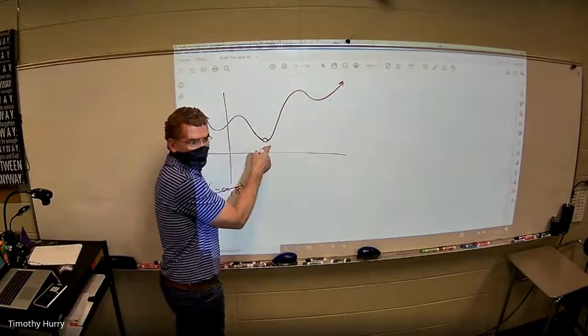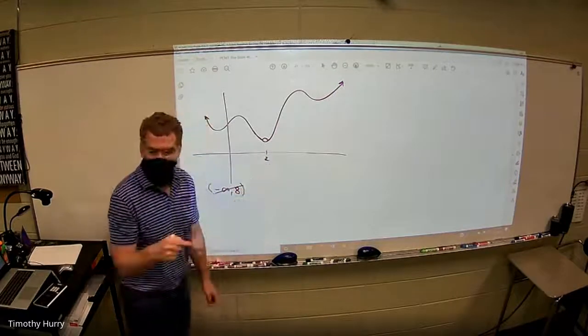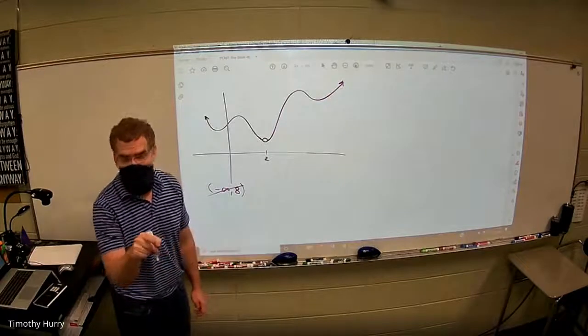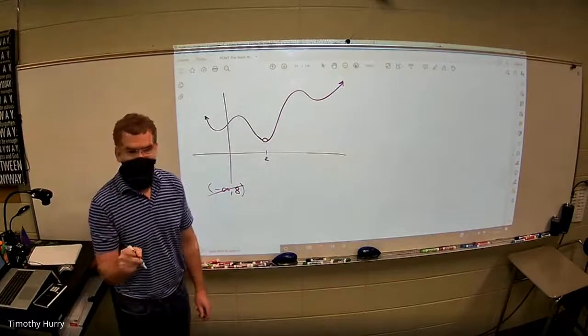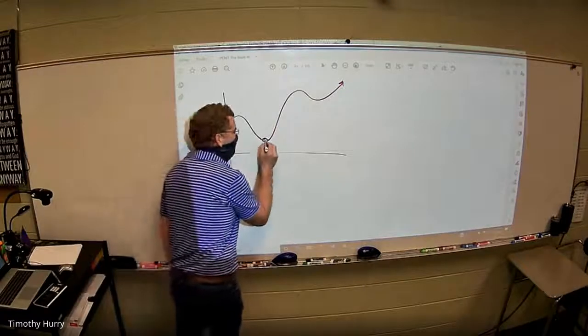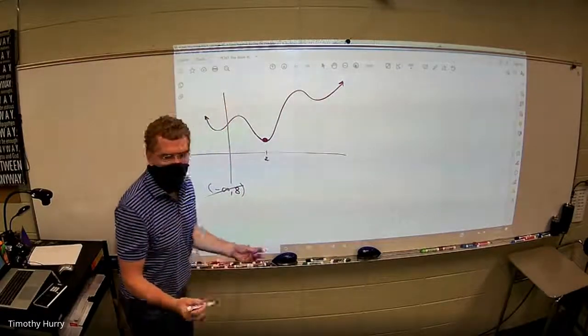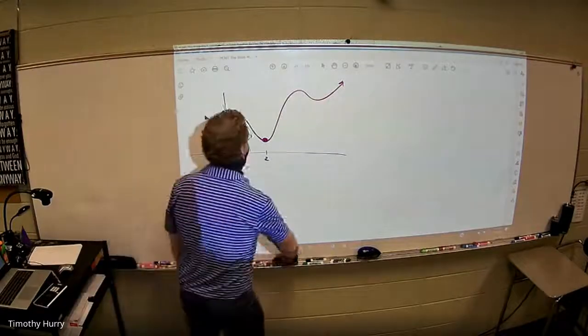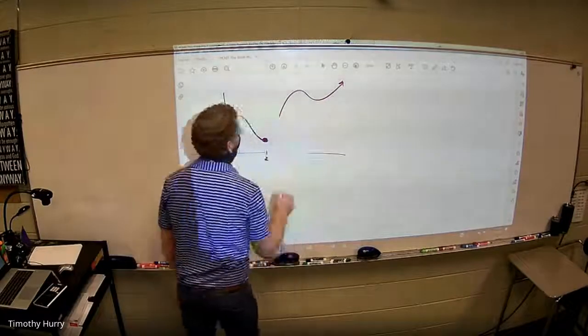This is called a removable discontinuity. It's called a removable discontinuity because I could remove it by putting a hole in there, even though you don't do that. Holes are called removable discontinuities. You could also have a jump discontinuity.